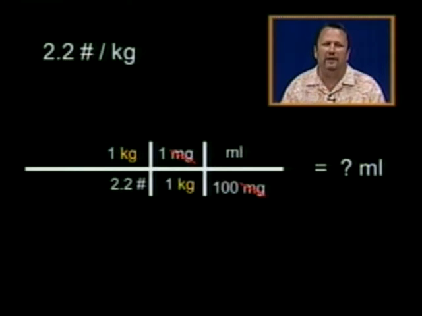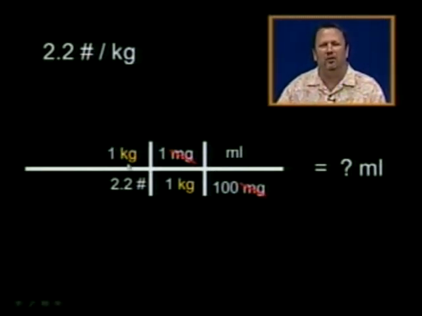Because our patient weight is given in pounds, we'll need to convert that into kilograms. So by putting the kilograms on top and the 2.2 pounds underneath, you do need to know that 2.2 pounds per kilogram is how we convert, or a kilogram over 2.2 pounds, depending on what you need in the numerator.